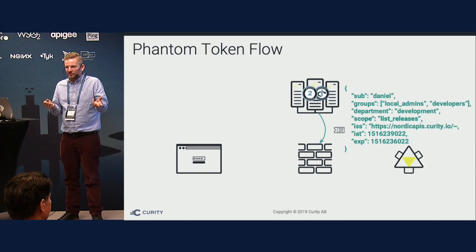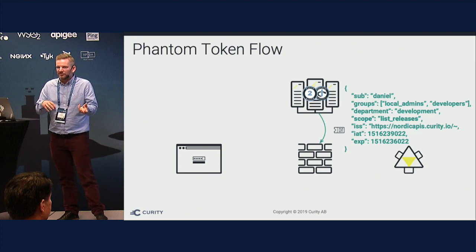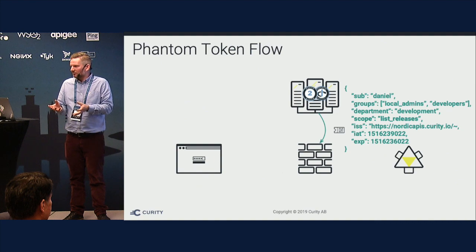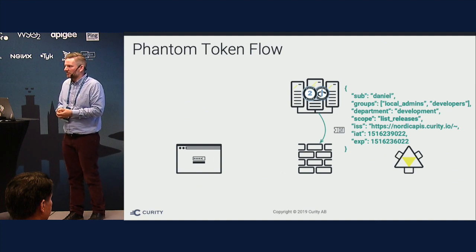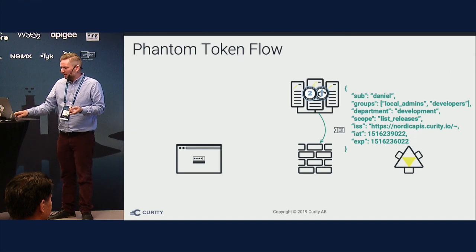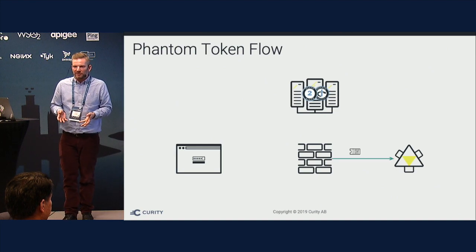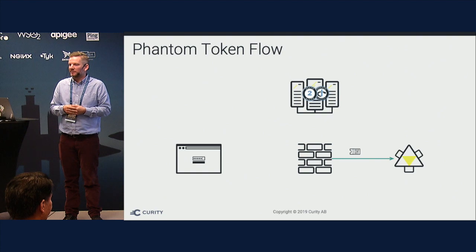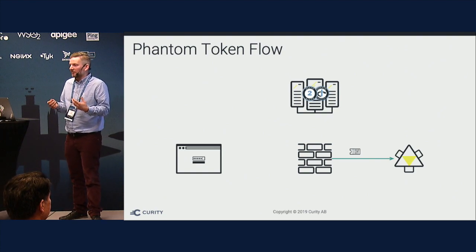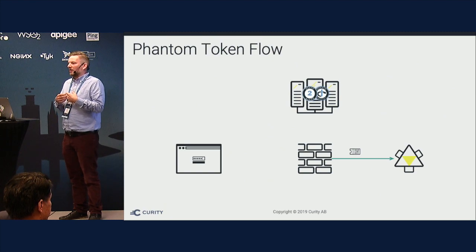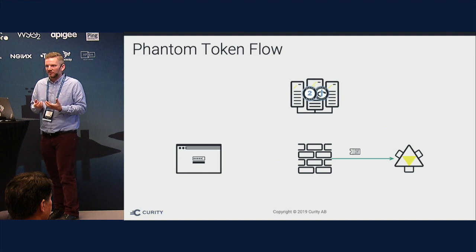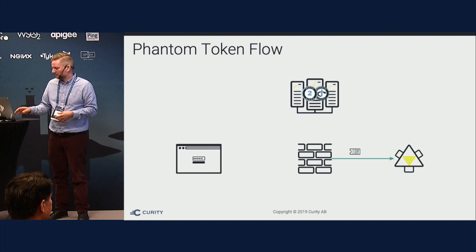Instead of using the reference token that we had before, it returns the value token, which is a JWT, a JSON Web Token that's signed by the private key of Curity. And that is the token that's then being passed on to the API. So this means that the API can validate the signature of this token and use the data that's in it if it's valid and base its authorization decision on top of that.